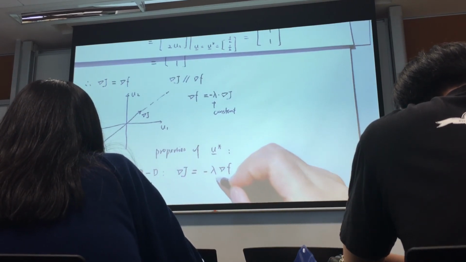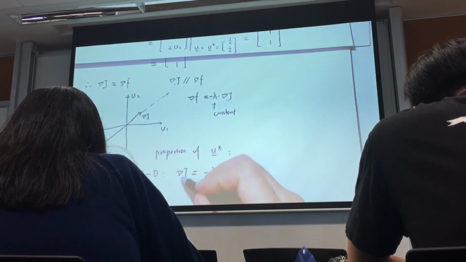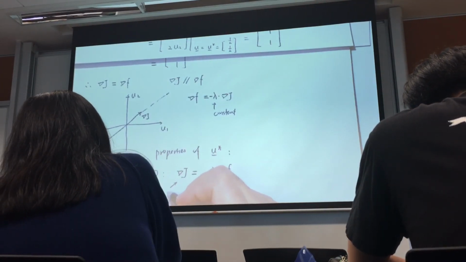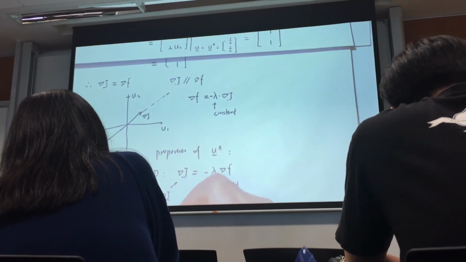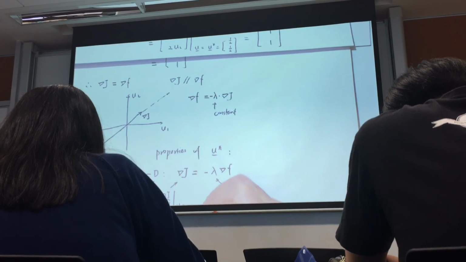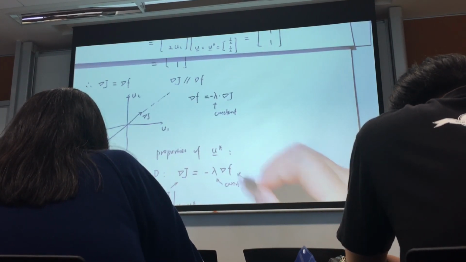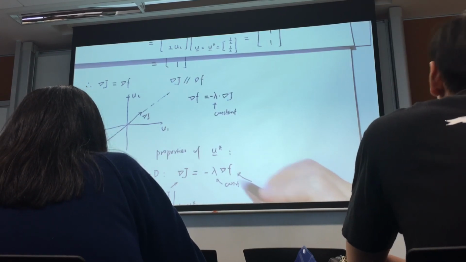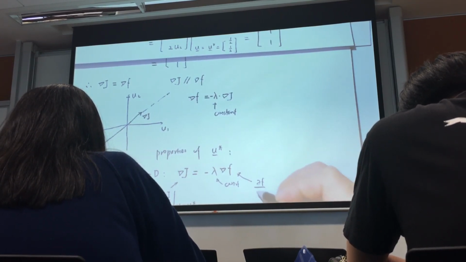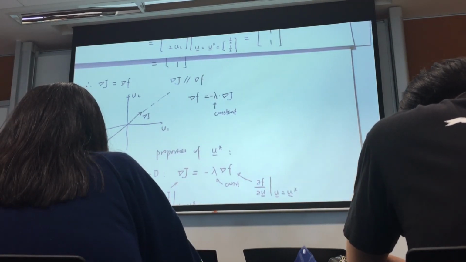Here lambda is just a constant. The meaning of delta G is dJ/du evaluated at u equal to u star, and the meaning of delta F is df/du evaluated at u equal to u star.